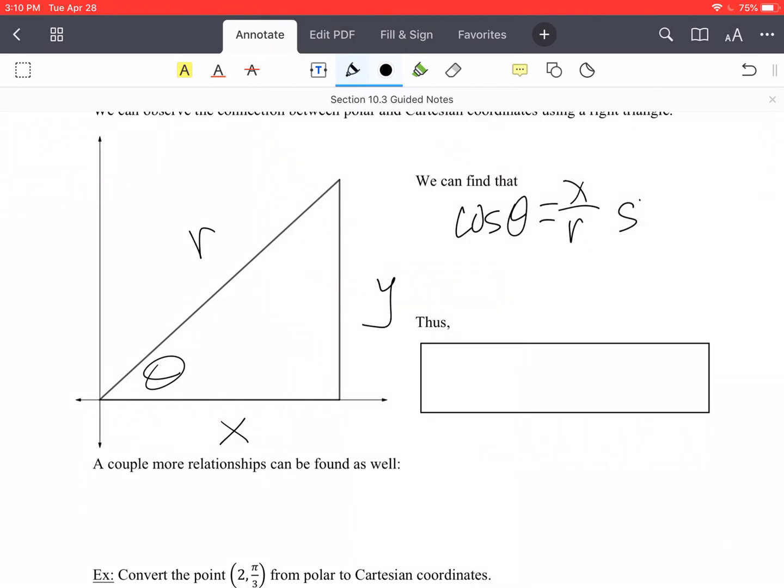And sine of theta, that's opposite over hypotenuse, so that's y over r.